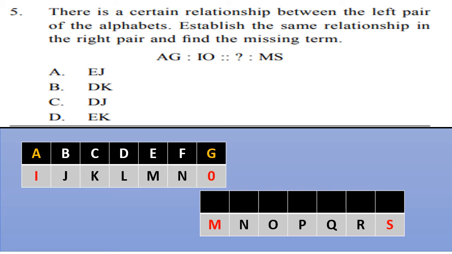From A to G 5 letters distance is there. From I to O 5 letters are there. Now from M to S 5 letters are there in between. So you can now easily choose from option A, B, C, D which option shows 5 letters distance.